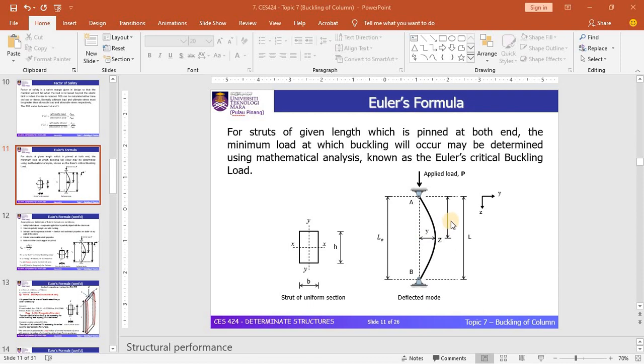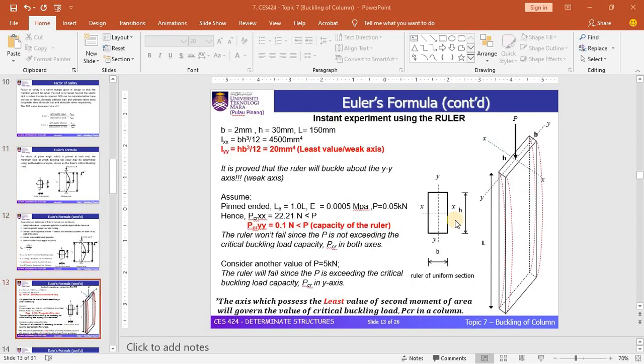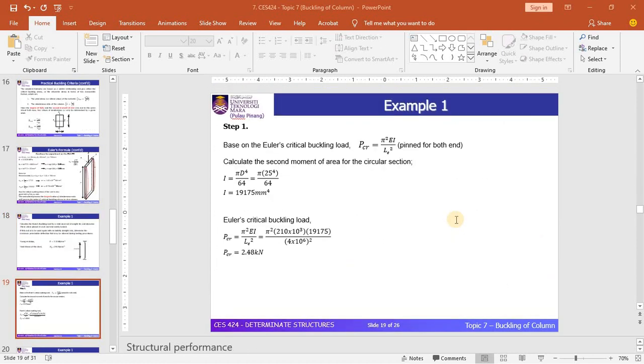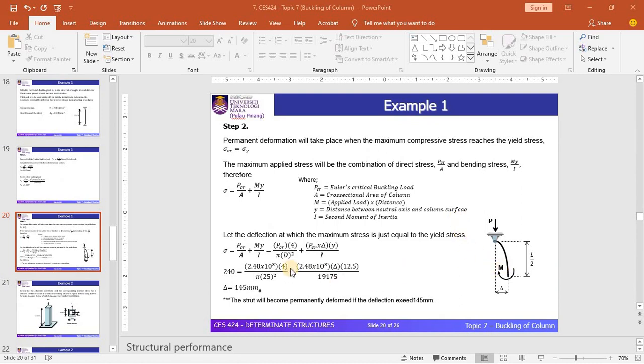We know that the moment is equal to P multiplied by y, where P refers to the critical buckling load, PCR, that we have calculated in the previous step.